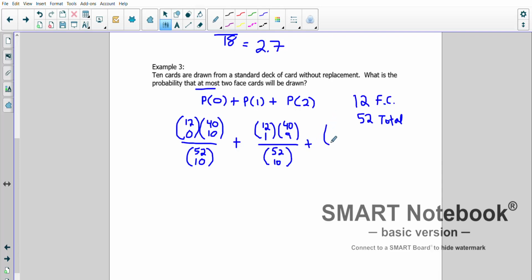And then lastly, what's the probability I'm going to get exactly 2? That means I'm going to get 8. So I don't have the answers to this in front of me, but I would just go ahead and calculate that, and then that would be my probability.